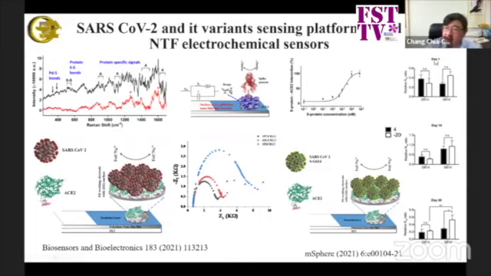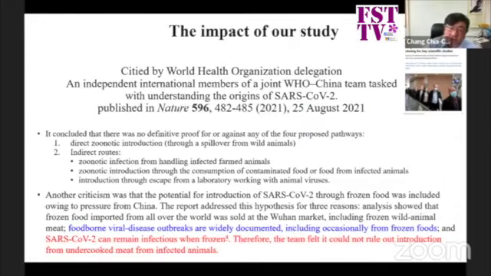So we made a test, and we found that after one month of cold storage at -20 degrees, those viruses could still be detected. So what does this mean? In 2021, the WHO delegation and China's investigation team worked together to try to figure out the origin of SARS-CoV-2.